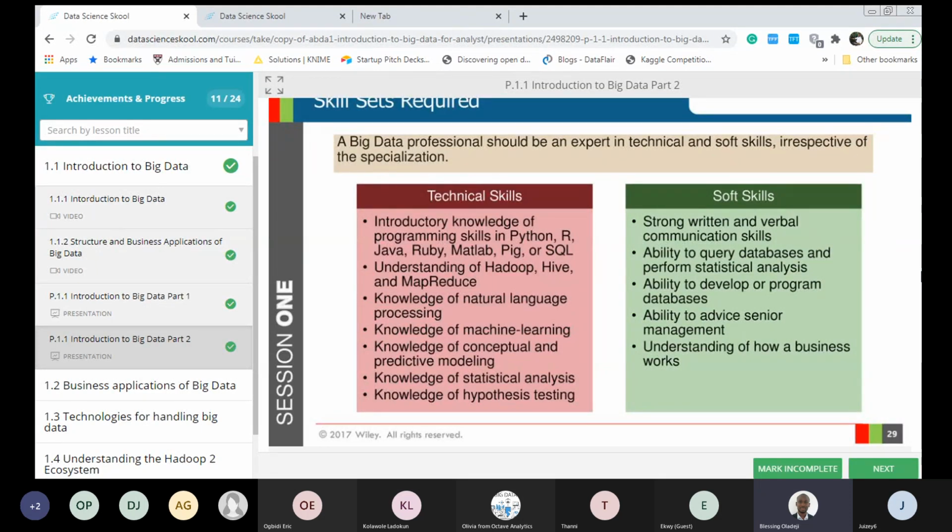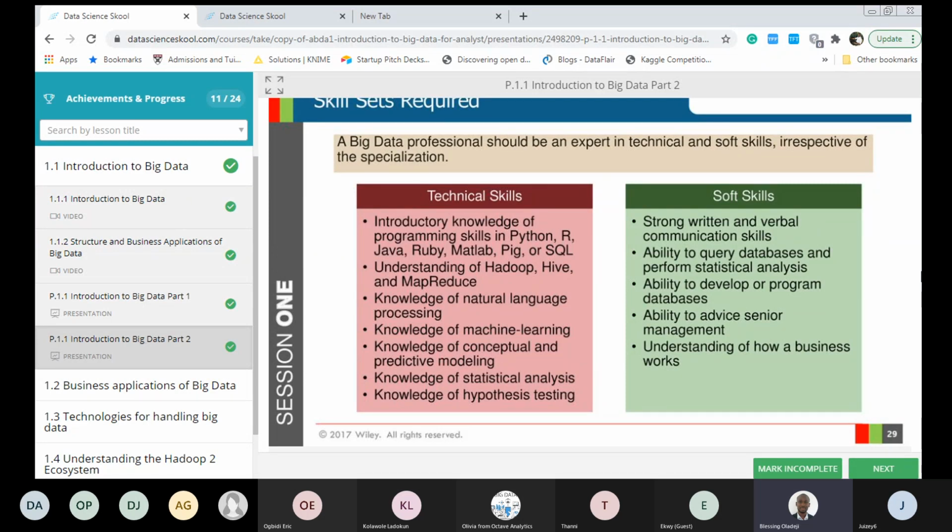You're not going to tell them about a decision tree or random forest. No, that's not what you're going to say. You are going to present verbally or in writing the outcome of whatever model or analysis you have done. So you need to master those soft skills because it is a selling point.